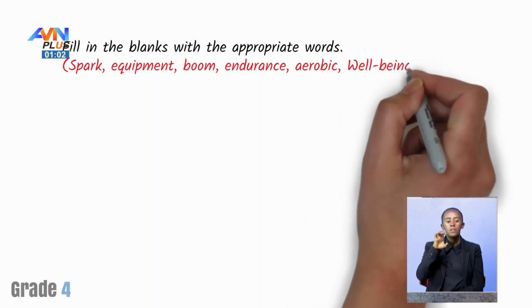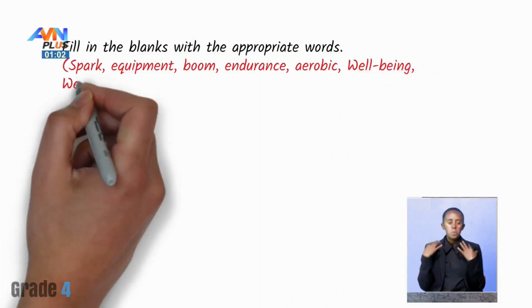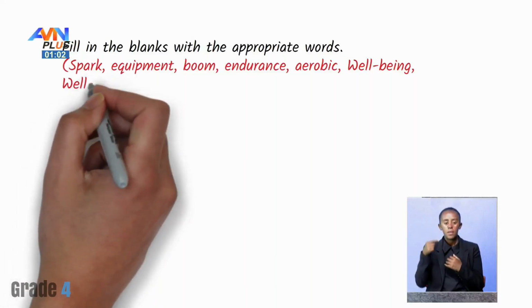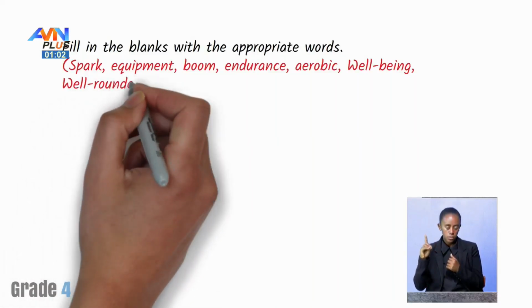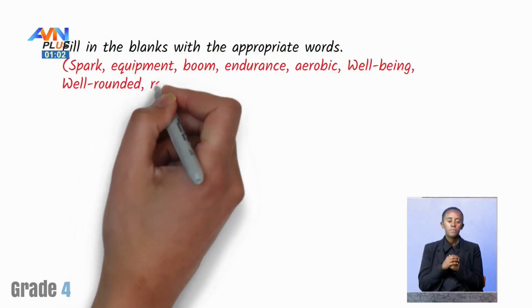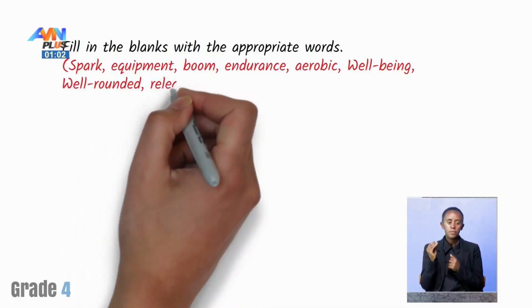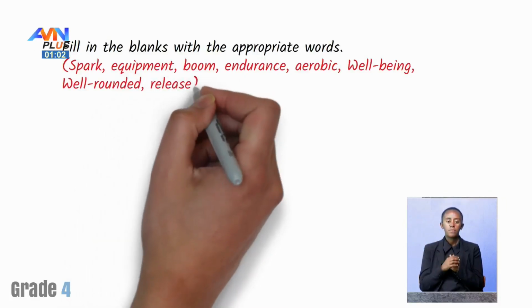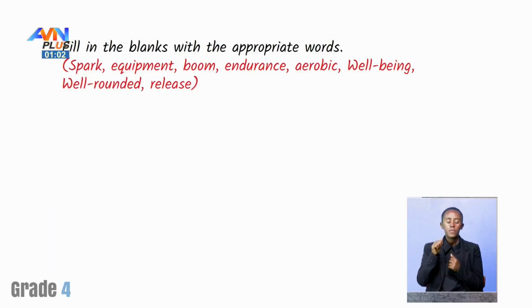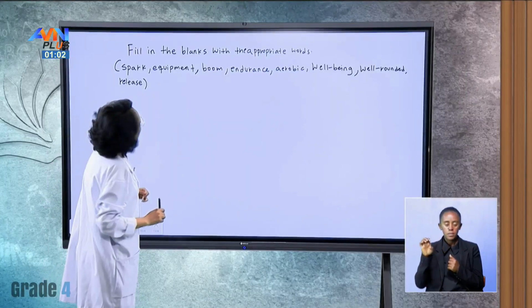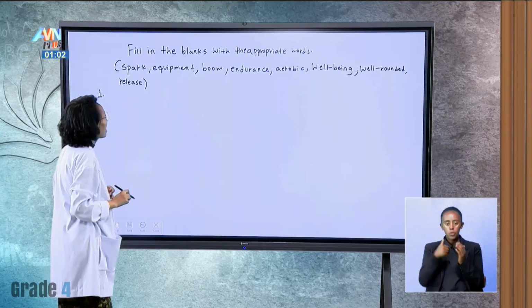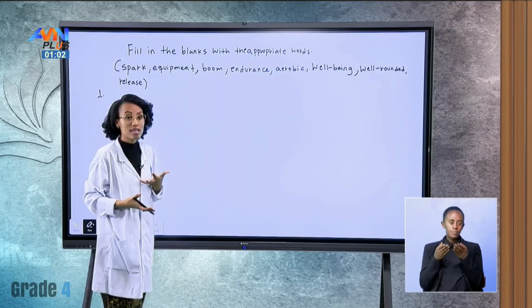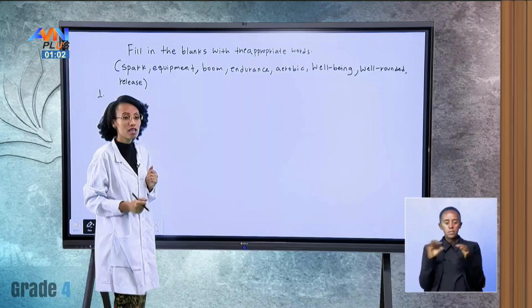We have well-being, well-rounded, and we have release. Okay, that's it. We have all of these words. Okay, and then let's write some sentences and let's fill in the blanks.